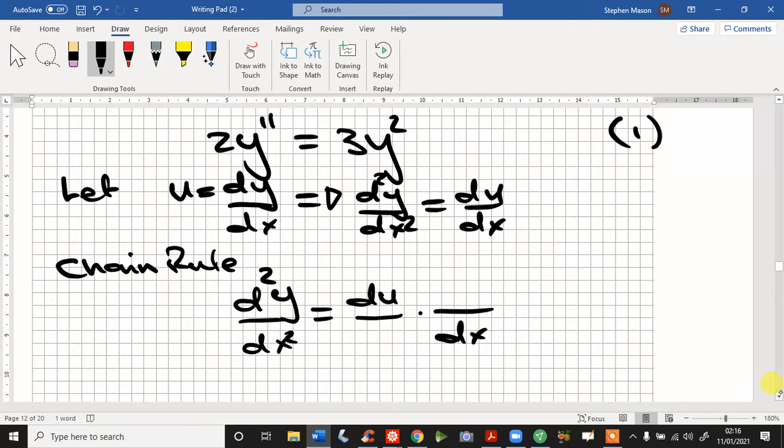Now, because we're dealing with the independent variable y, then we choose this to be dy there in the numerator and dy there in the denominator.